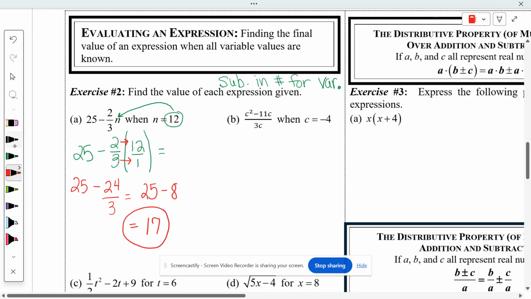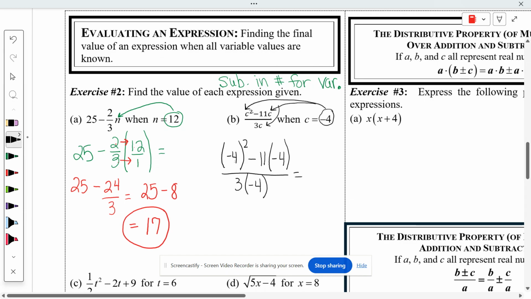All right, let's go to our next example. We're going to evaluate, meaning we're going to replace the letter C. Every time we see a C, we're going to put -4 in there. So I have -4, the quantity squared, minus 11 times C, which is -4, all over 3 times C, which is -4.